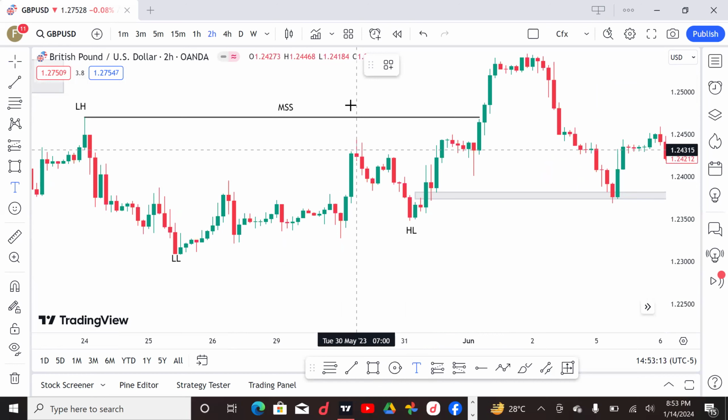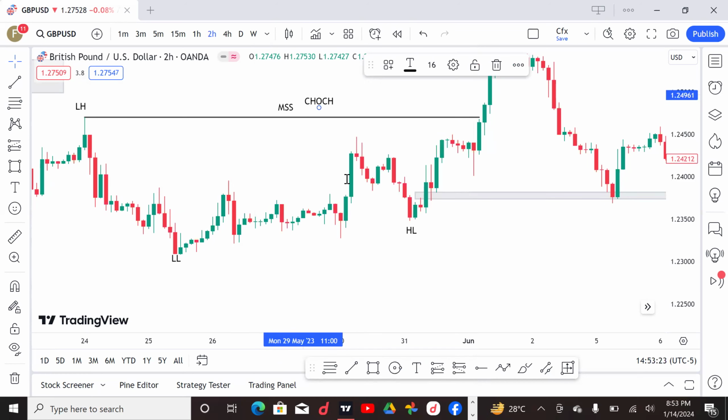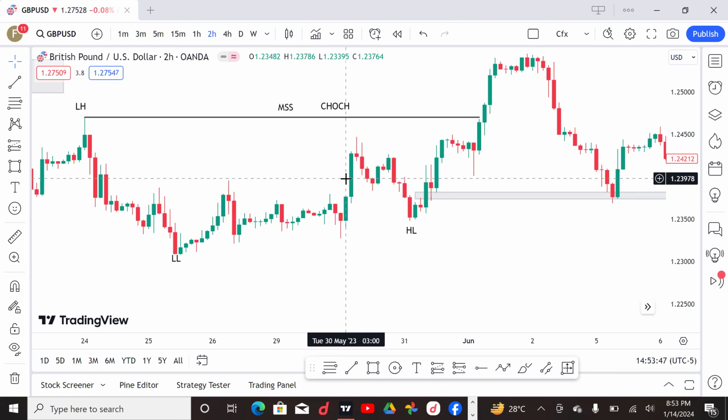While in ICT, we call it shift in market structure. So please don't complicate yourself. This is very, very simple. Just put in the time and the work.